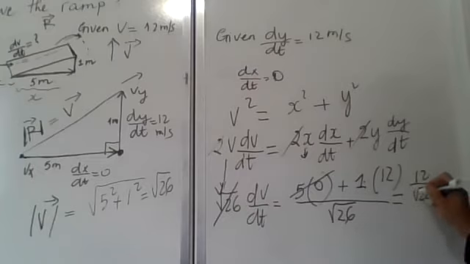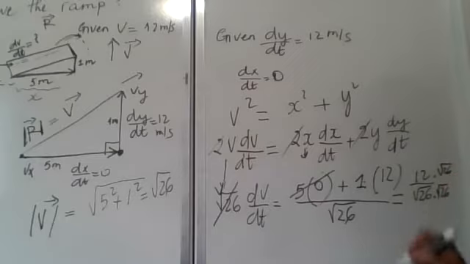However, we don't like the radical underneath. We can multiply by the square root of 26 down here and on the top, we do the same. That's how we rationalize the denominator.